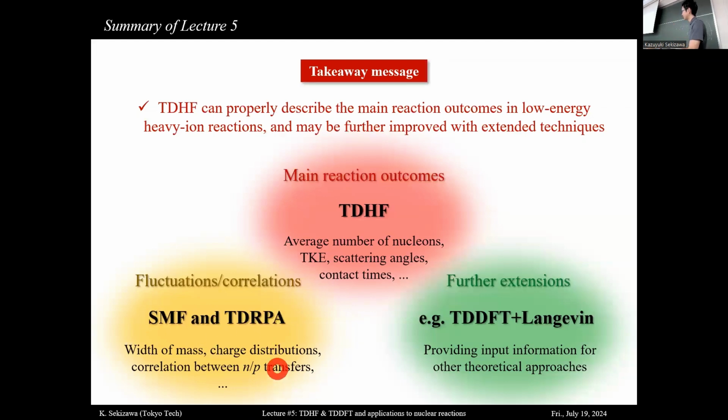I didn't explain, but we can introduce some fluctuations and variations on top of the TDHF, and we can improve the description. And we can extend this approach to combine some other models to describe the compound nucleus formation and so on. But anyway, it is a very powerful tool to study the complex reaction dynamics of low energy heavy-ion reactions. And okay, this is one of the important methods.